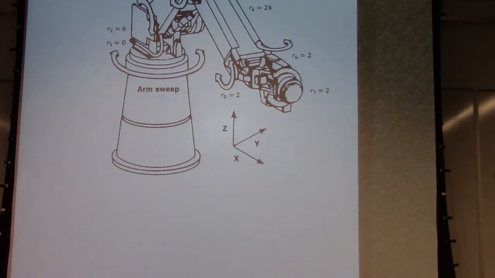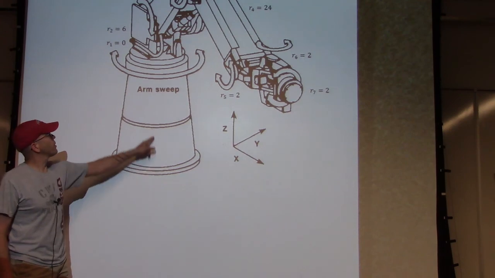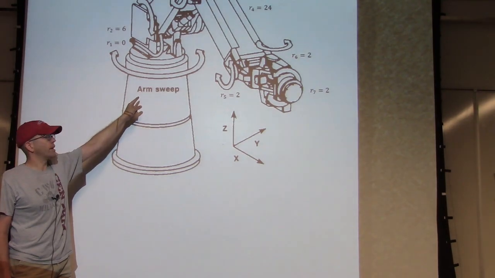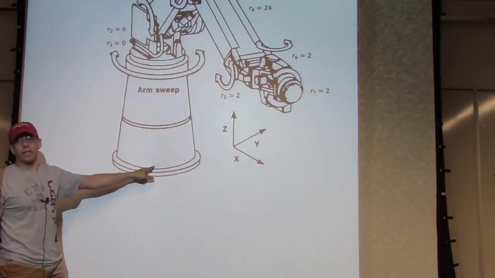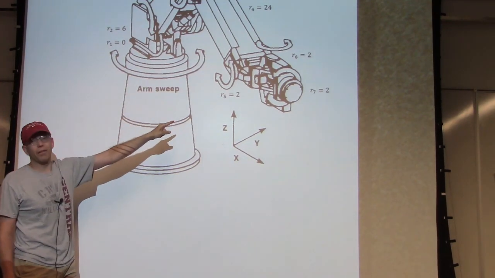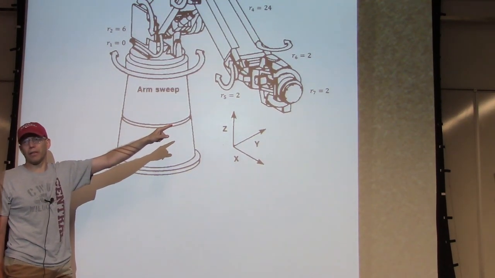And notice here that we actually have an opportunity to introduce a length if we're so inclined. We could put the origin here rather than up here, depending on how low the manipulator reaches.